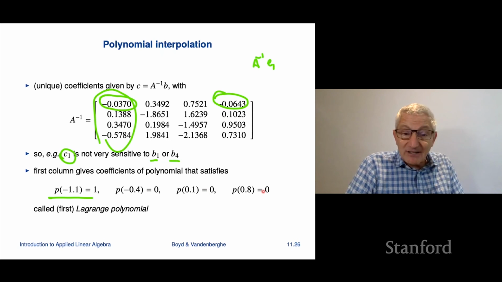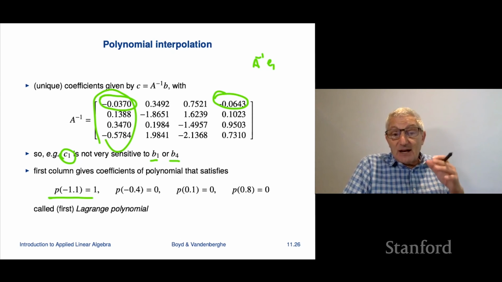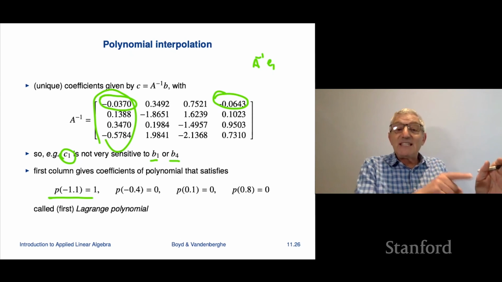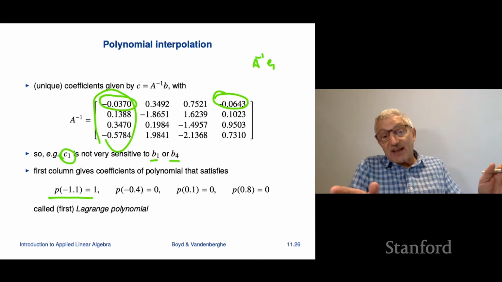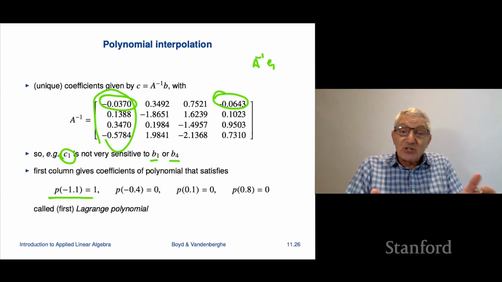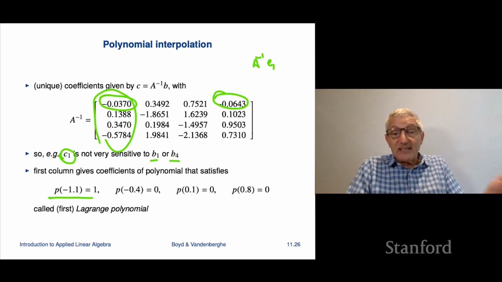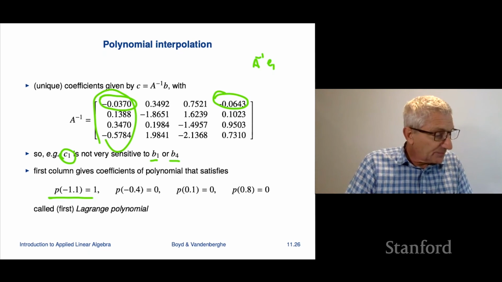This is like E1, the right-hand side. That has a name. A polynomial that is equal to 1 at a specified value and 0 at the other values is called a Lagrange polynomial. It's literally the coefficients that appear in the column of the inverse of this Vandermonde matrix.